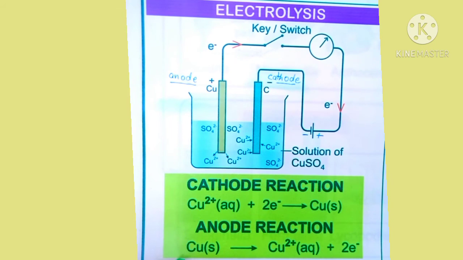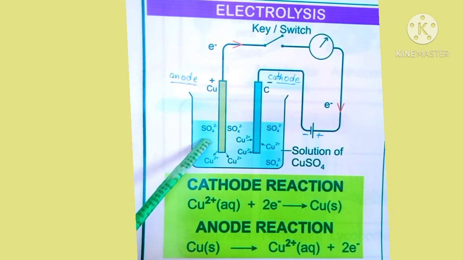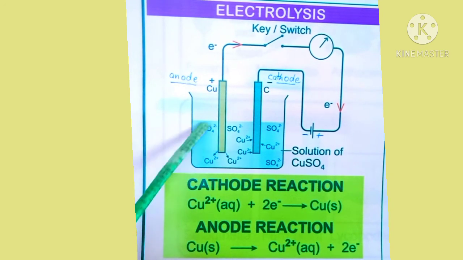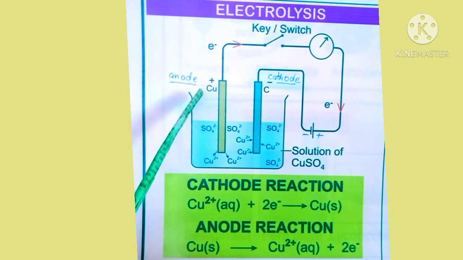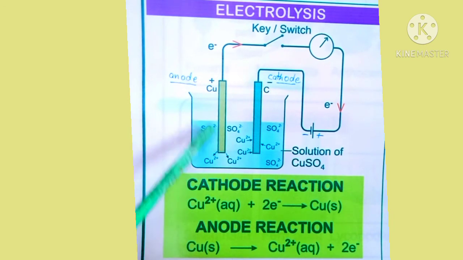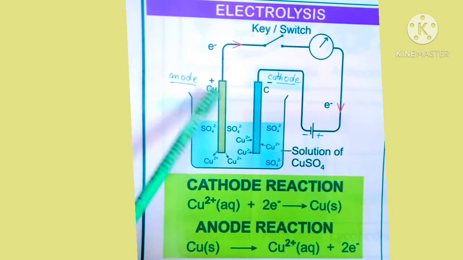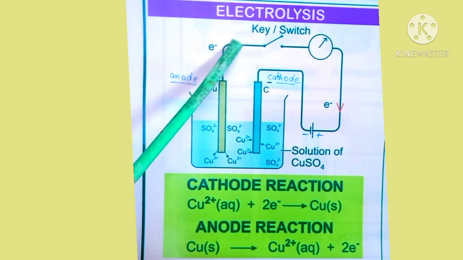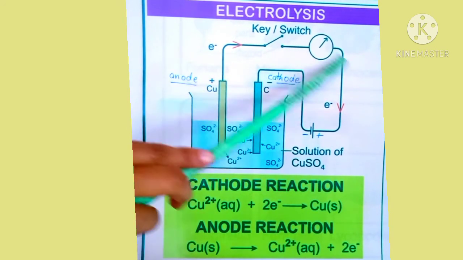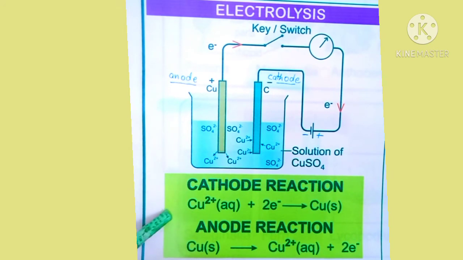Now at anode, this copper, which is in the form of a solid, gets dissociated and releases two electrons, because the negative sulfate ion combines with the copper rod to form copper sulfate, and the two negative electrons are released by this rod and go in this direction. So this is the electrolysis reaction.